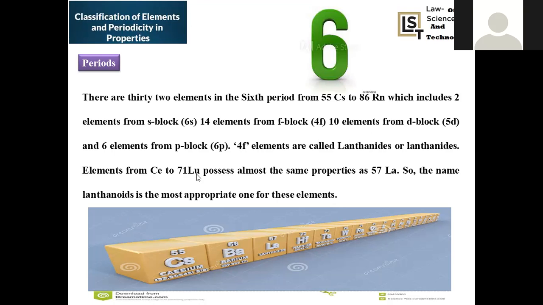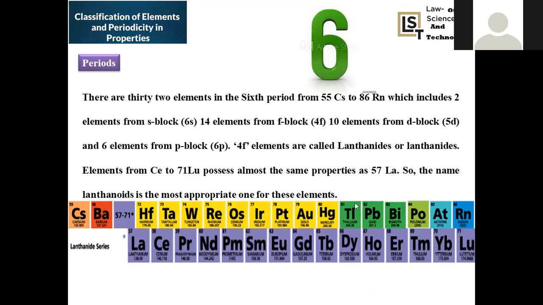Cerium to lutetium, this is the series of lanthanides called 4f series. 4f series F block elements will be incorporated, and subsequently 6 more elements are provided by P block. Those are also incorporated. That's why total 32 elements will be there. That entire description is provided here.